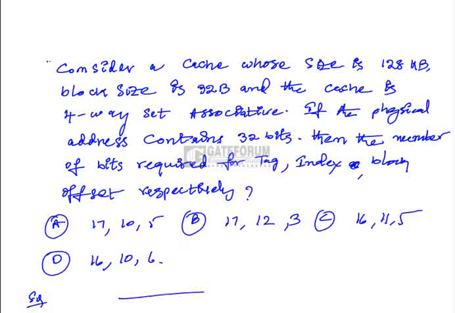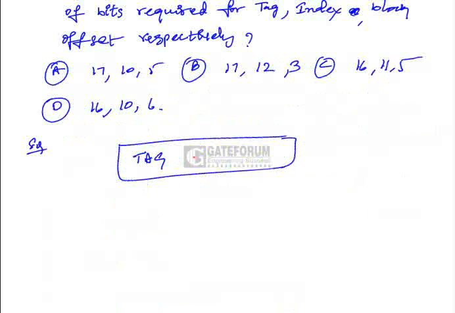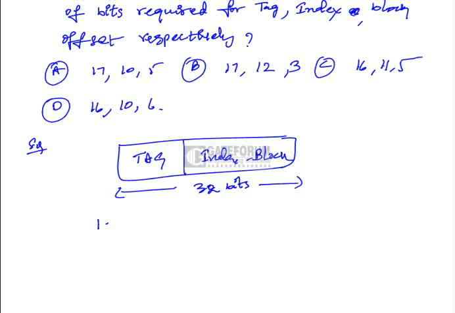So here the cache can be divided into tag, index and block offset. The total number of bits required here is 32 bits, because the physical address is given as 32 bits. What is the size of the cache? 128 kilobytes, which is 2 power 17.